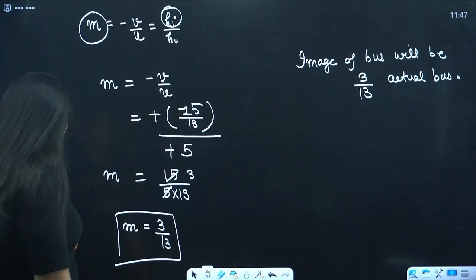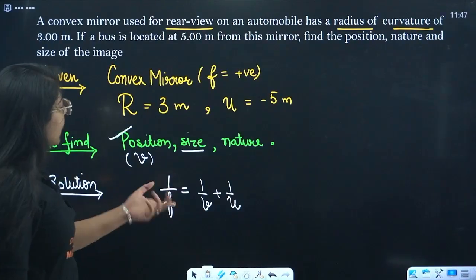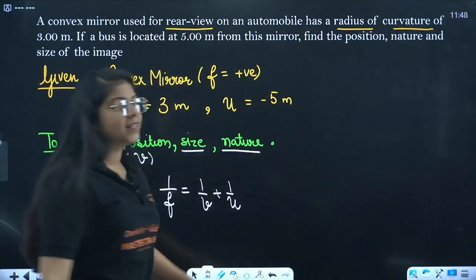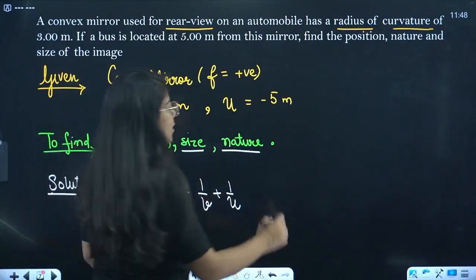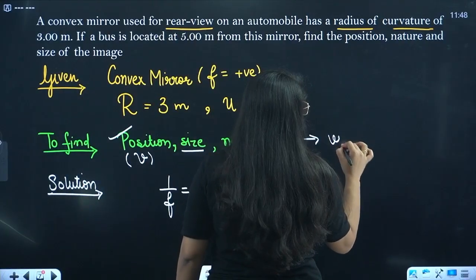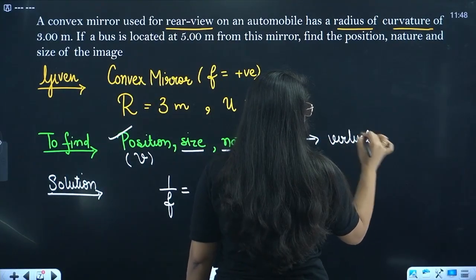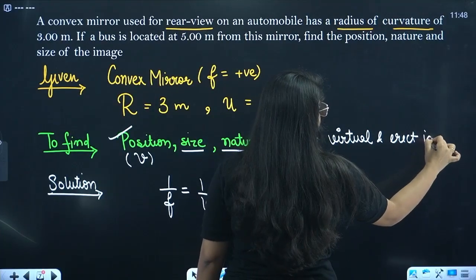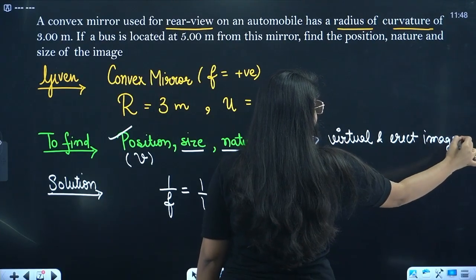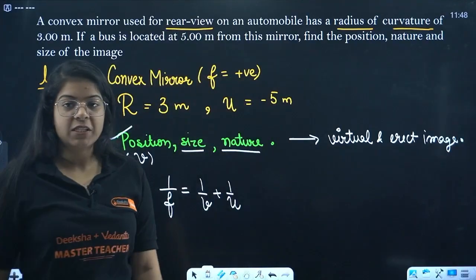Then beta, we have another question, that is nature. Now beta, this is a convex mirror. A convex mirror always forms a virtual and erect image. Understood? Done. If you have any doubt, you can let me know in the comment section.